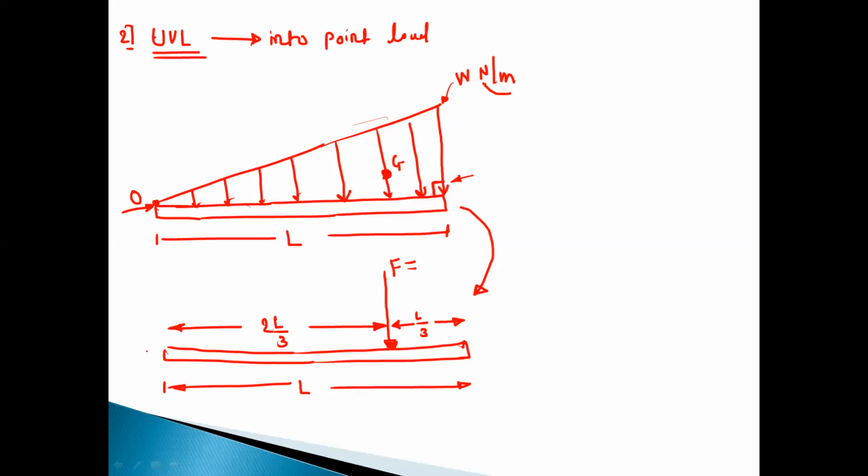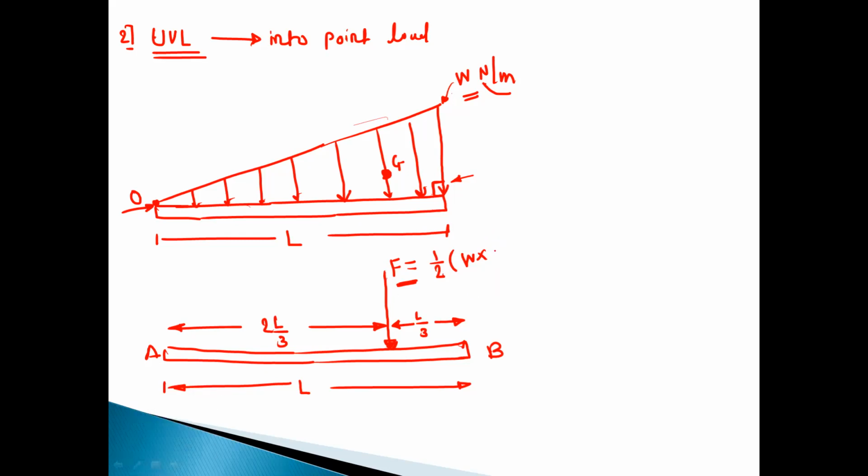Suppose the beam is AB. The magnitude of the point load is given by this equation. You have to just use the area of the triangle: 1 by 2 into the height. Height is given as the maximum intensity, which is W, into the base, that is nothing but the span.